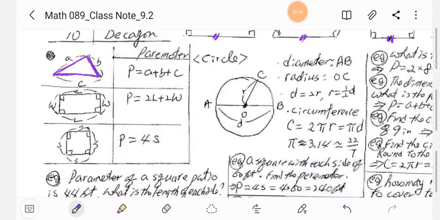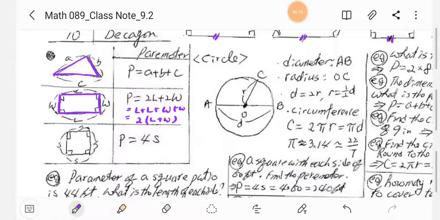W and this side are the same, and the lengths are the same. Two lengths are the same, two width sides are the same. So it will be 2L plus 2W, or you can write it as L plus L plus W plus W. Or you can write it as 2 times (L plus W), length plus width, and then there are two of them.